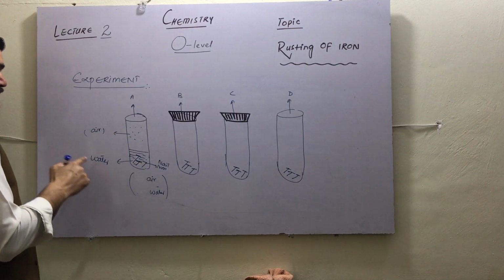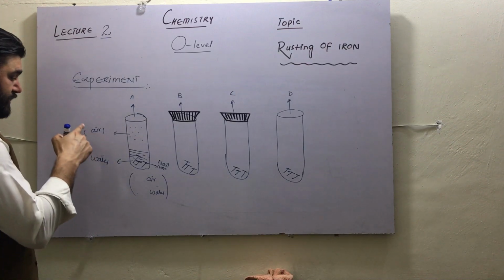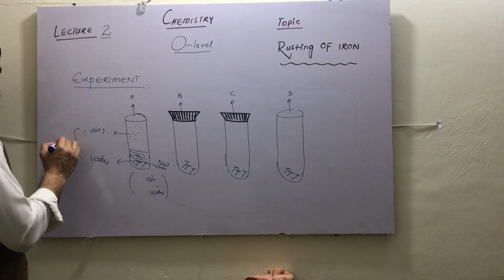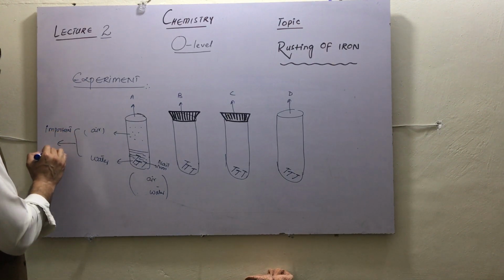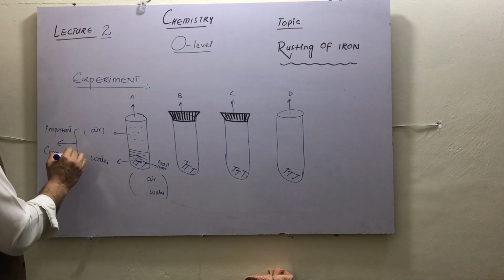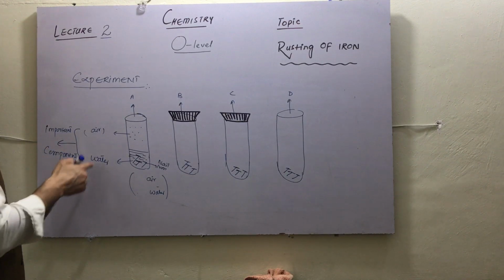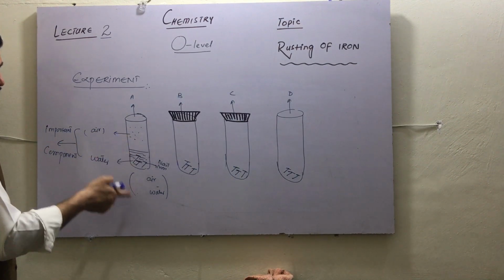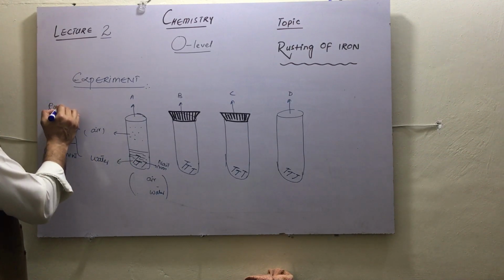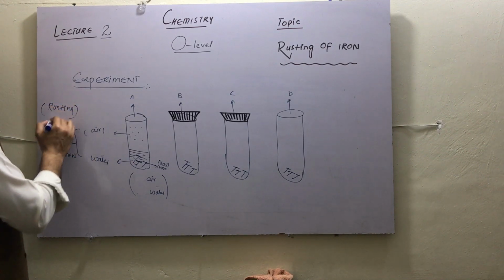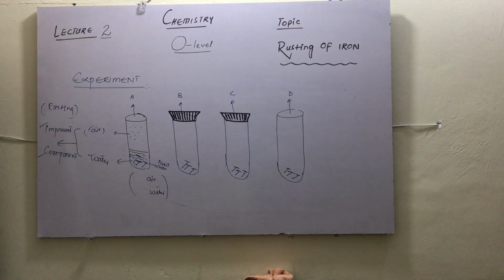So in this case, as I mentioned in the definition, air and water both are important components for rusting. So in this condition rusting will happen, because these 2 things are very much important for rusting.